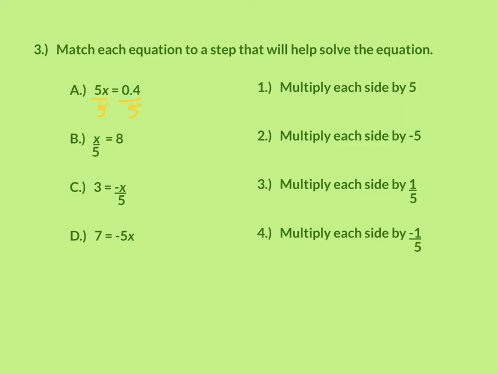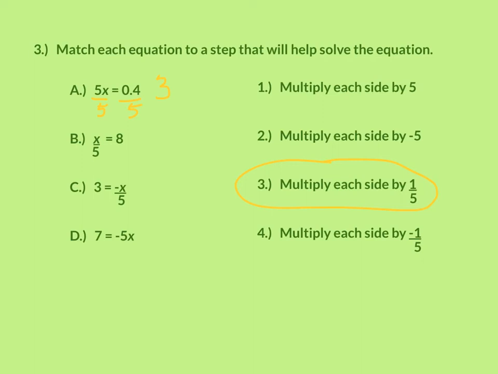So none of those say that. Which one of these is the same as dividing by 5? So the question we ask is, dividing by 5 is the same as multiplying by 1/5. Here it is. So 3 would go here with A.